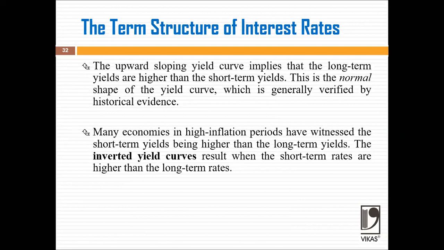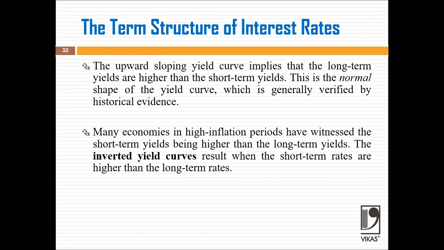The upward sloping curve implies that long-term yields are higher than short-term yields. This is the normal shape of the yield curve, which is generally verified by historical evidence.